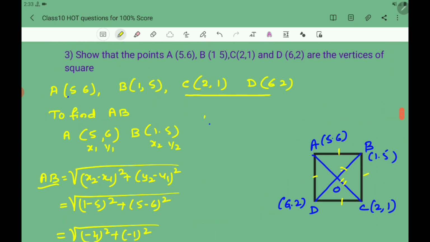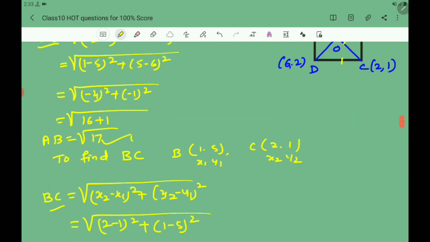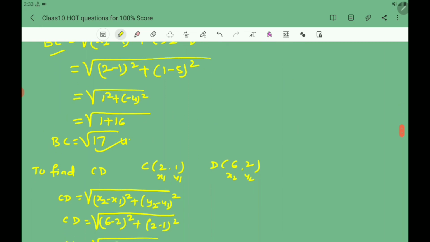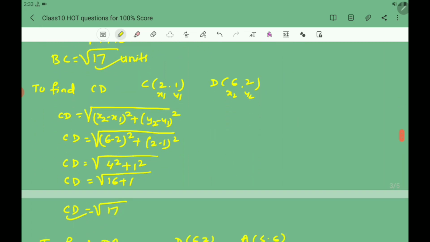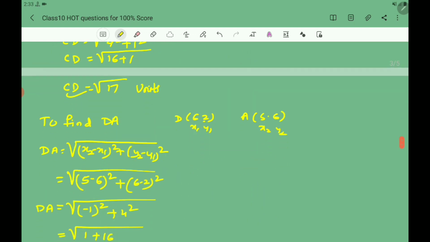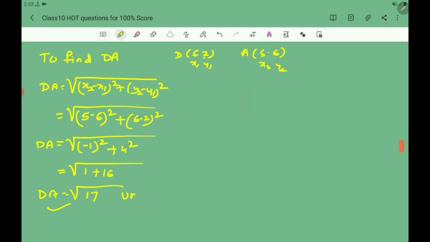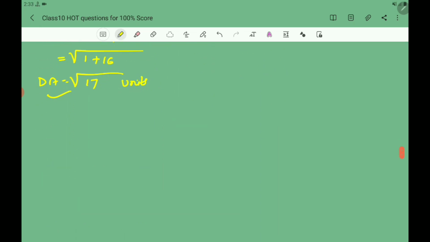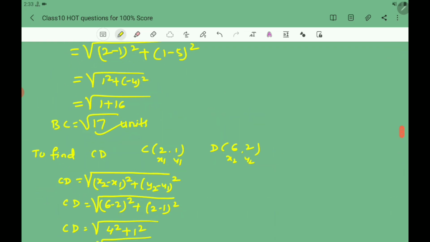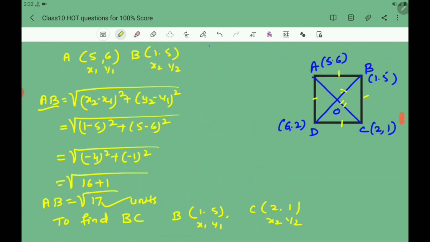So all are root 17 units, that is AB equals BC equals CD equals DA. Next let us find the diagonals AC and BD.